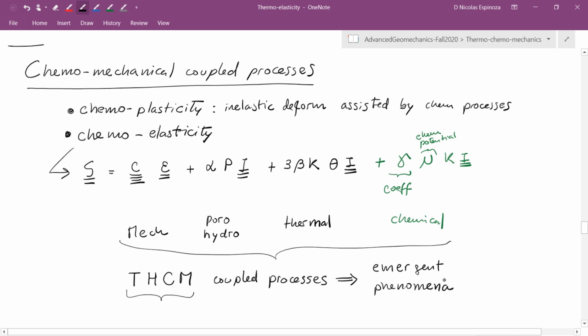Okay, so for understanding a little bit better these examples of chemo-elasticity, we're going to see two examples in a little bit more detail.